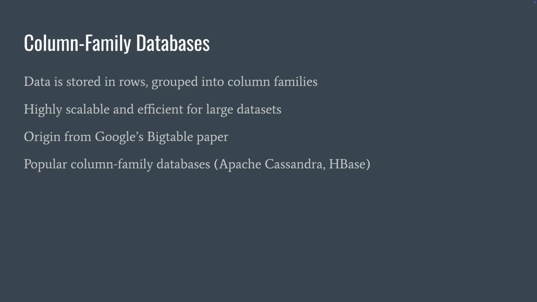And HBase sits on top of Hadoop's HDFS, and it integrates nicely with the broader Hadoop's ecosystem. And thanks to their design, column family databases can handle massive data volumes efficiently, making them a great choice for big data analytics and real-time applications that need consistent high performance at scale.